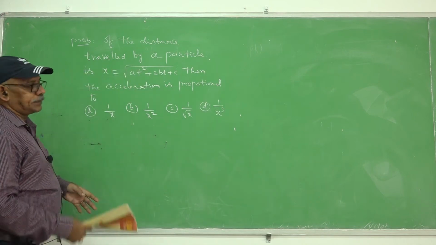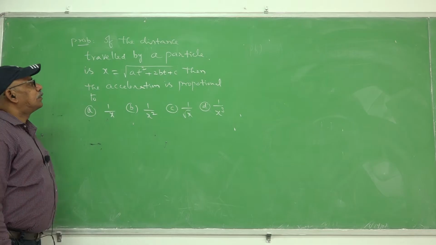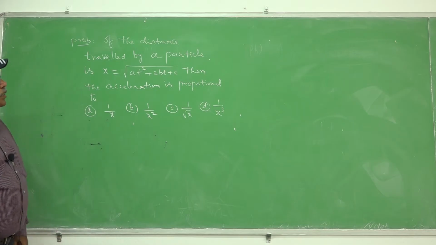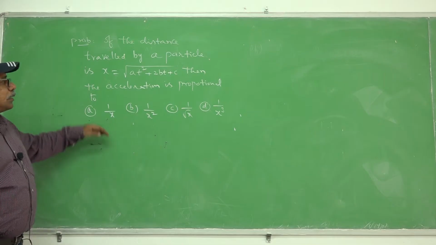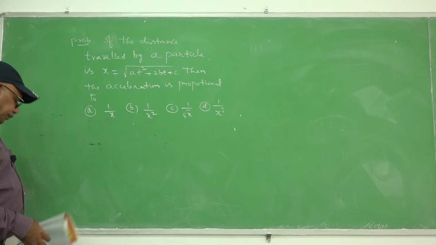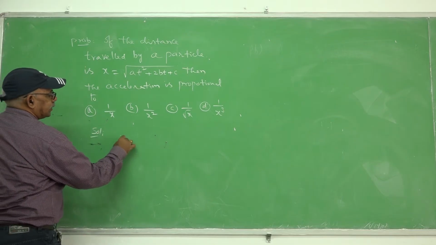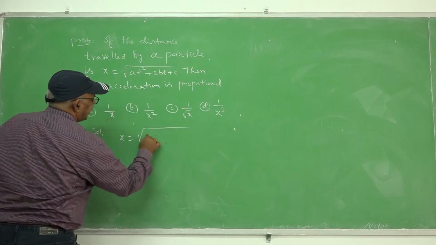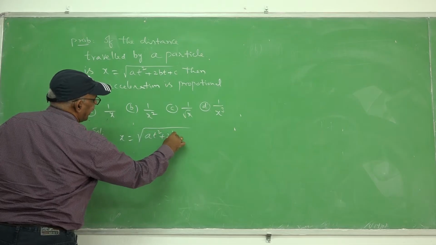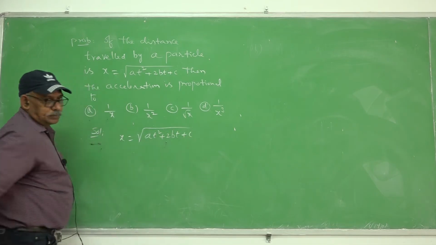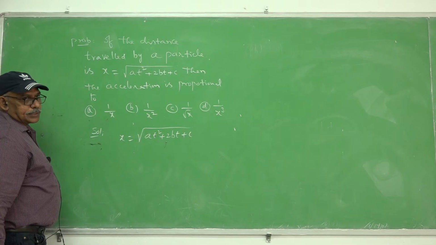The distance x follows the relation x equal to square root of at square plus 2bt plus c. Then the acceleration is proportional to what? Here x stands for distance.